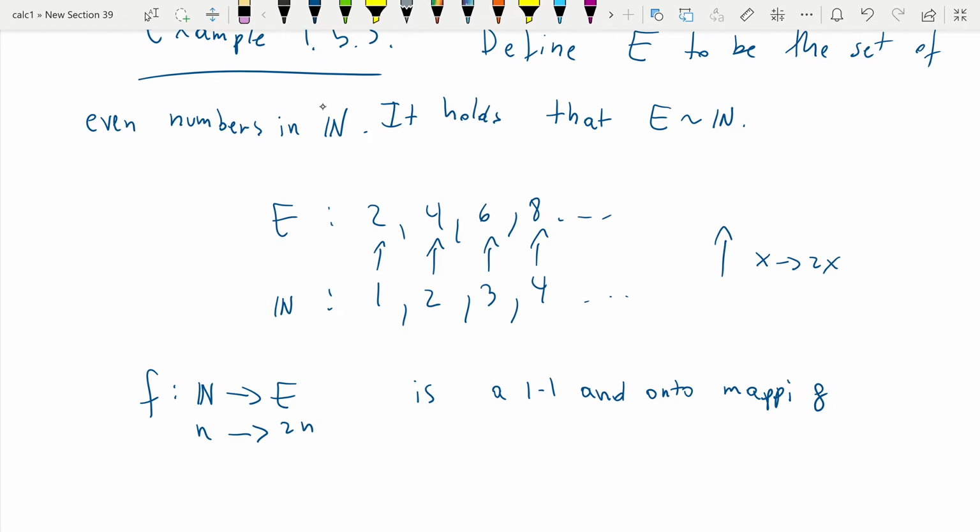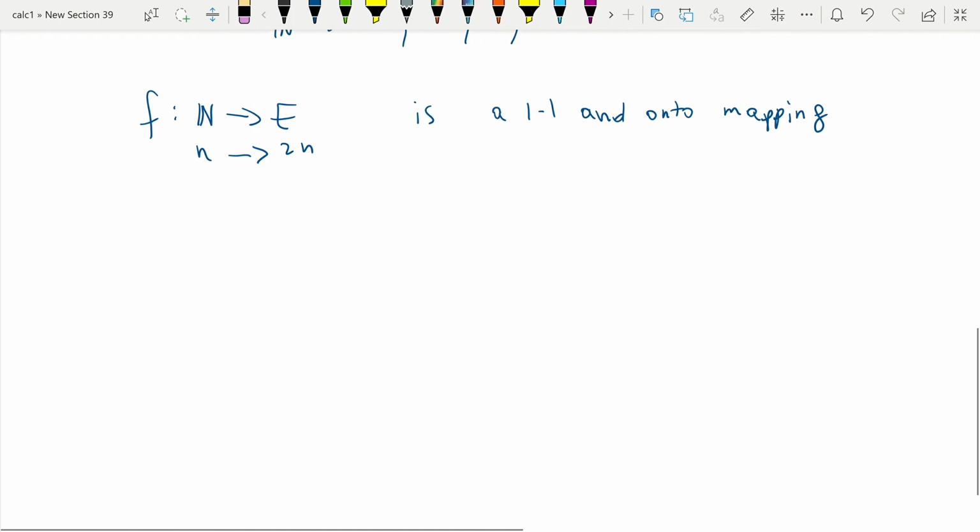And this graphic representation is something that is more useful in the next kind of example that we'll see.